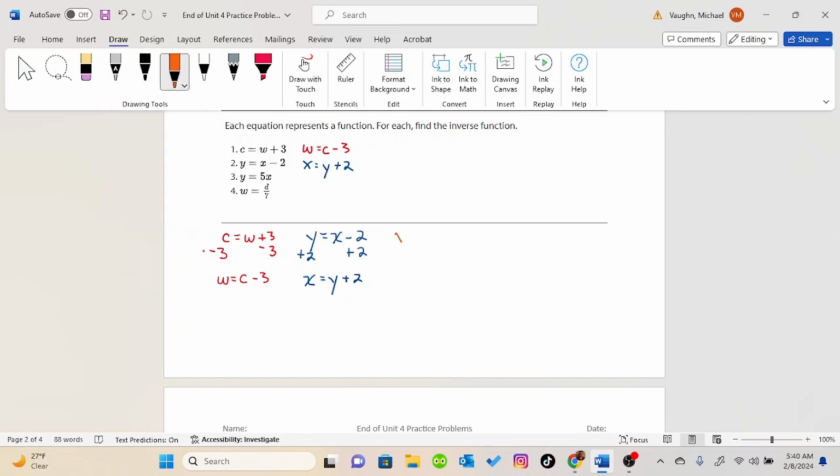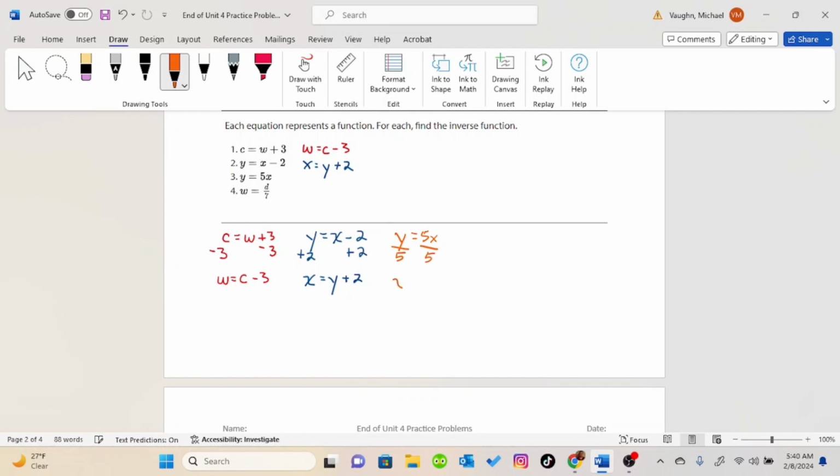Number 3, y equals 5x. 5x is multiplication. The opposite of multiplying by 5 is dividing by 5. If I divide the right by 5, I must divide the left by 5.